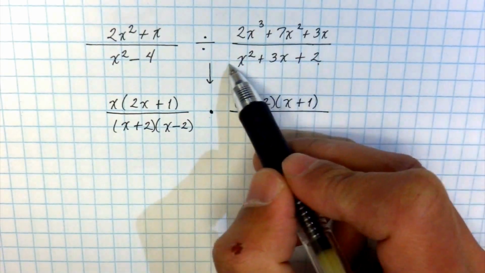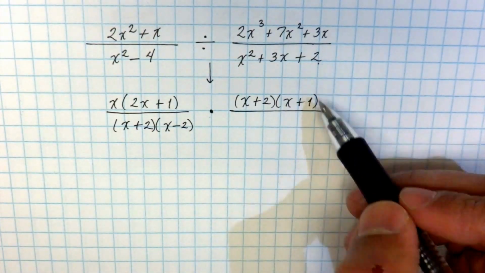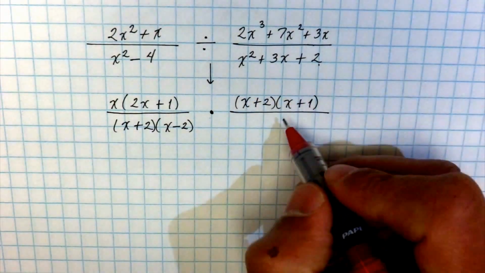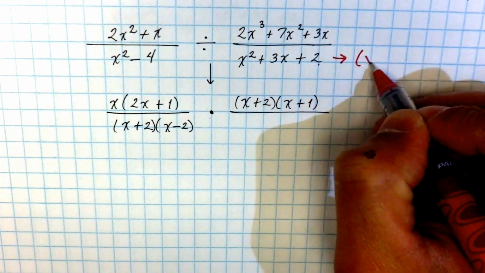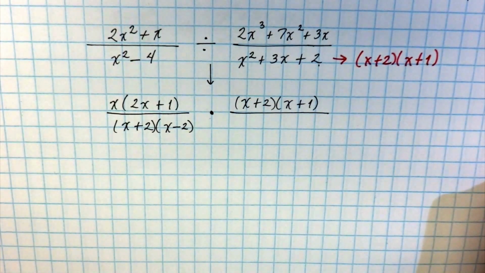That's what I get here. But because we're doing the reciprocal, it moves to the numerator. So if you're wondering why I put it here, this guy becomes x plus 2 times x plus 1.